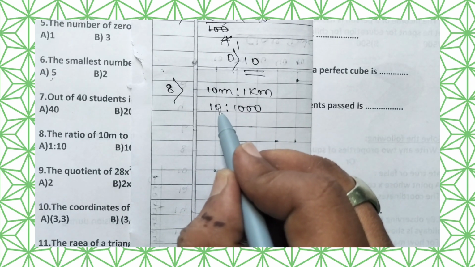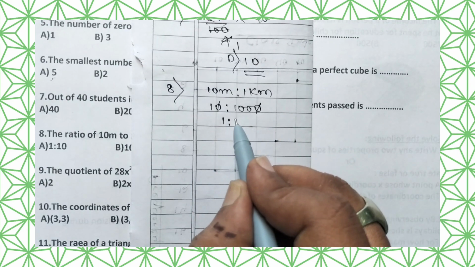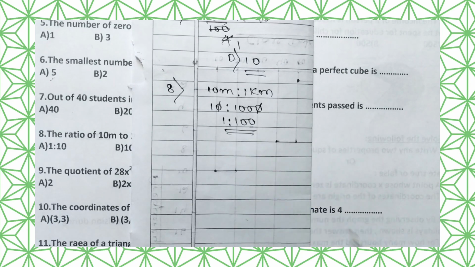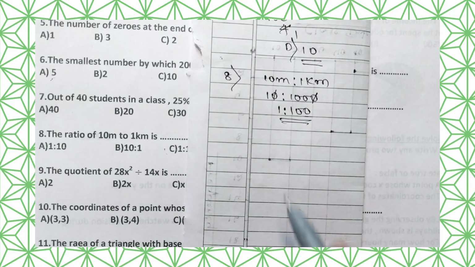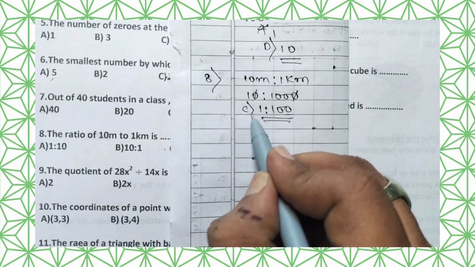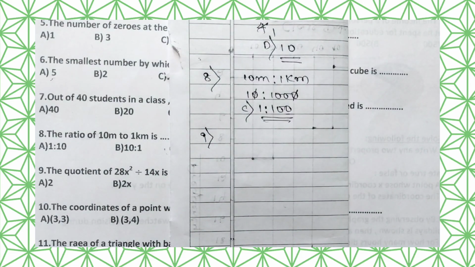Now let us cancel: 1 1 1, 0 1 0. What is the remaining? 1 is to 100. So the ratio is 1 is to 100. The option is C. For the 8th question, option C, 1 is to 100 is the right answer.